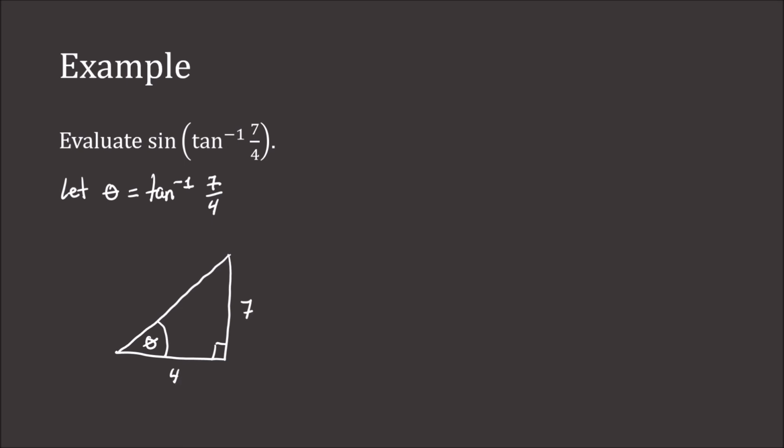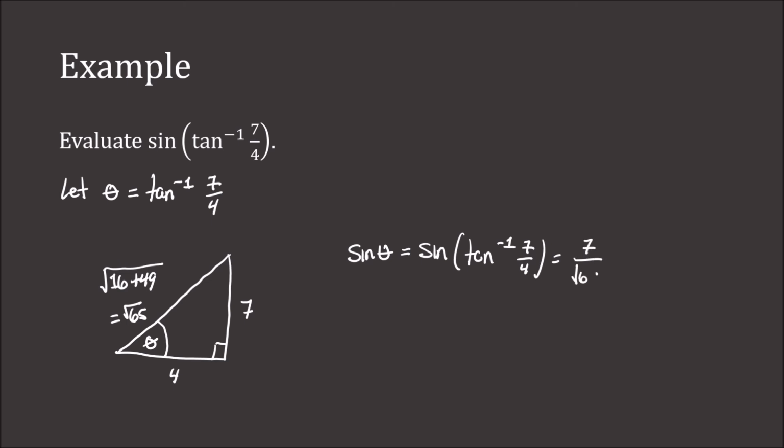So our missing side, the hypotenuse, is the square root of 16 plus 49, and that is the square root of 65. We can now find the sine of theta as opposite over hypotenuse. Sine of theta is the sine of the inverse tangent of 7/4, and this gives us 7 over the square root of 65.